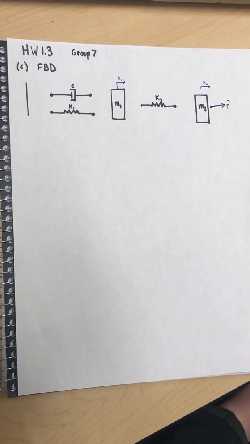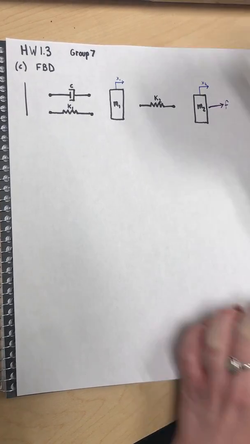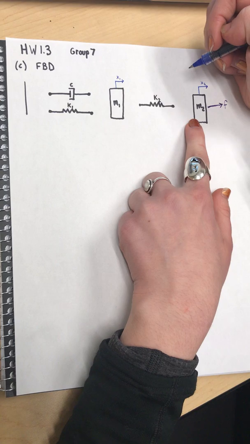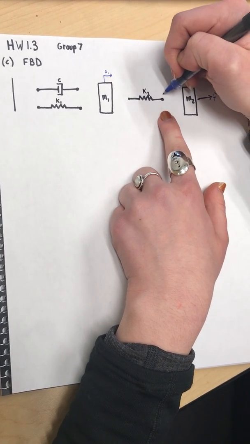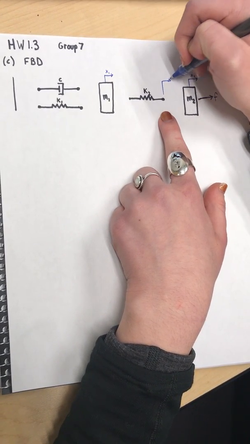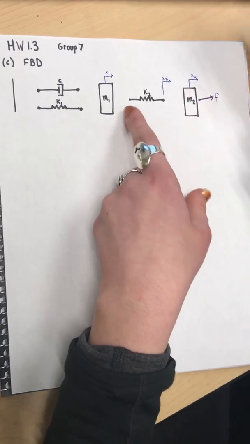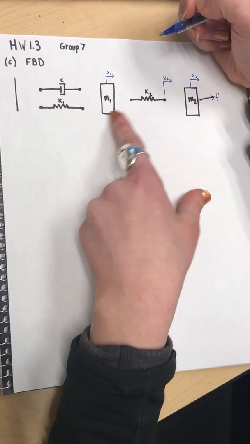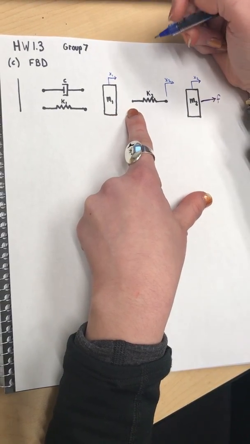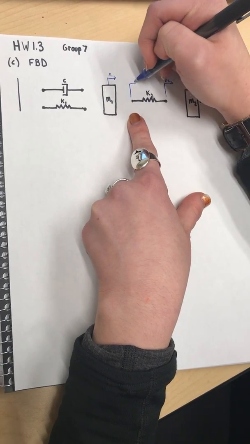So I'm just going to start by adding in the other displacements that we know. Since this piece right here is connected to the mass, we also know its displacement is x2. This piece right here is connected to this mass, so we know its displacement is x1.